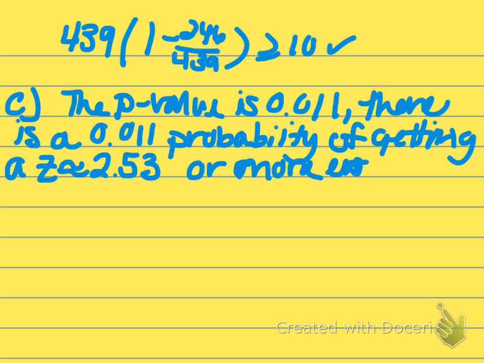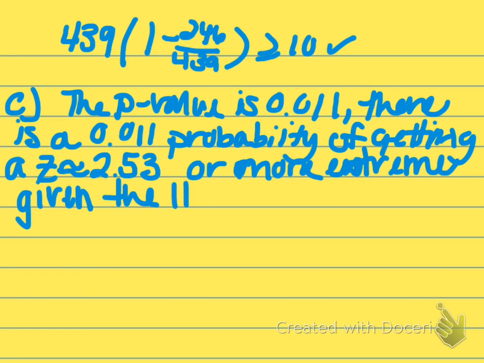There is a 0.011 probability of getting a Z approximately equal to 2.53 or more extreme, given the null hypothesis of, do they give us a null hypothesis? I don't know if they give us a null hypothesis. Then you would just say given the null hypothesis is true.